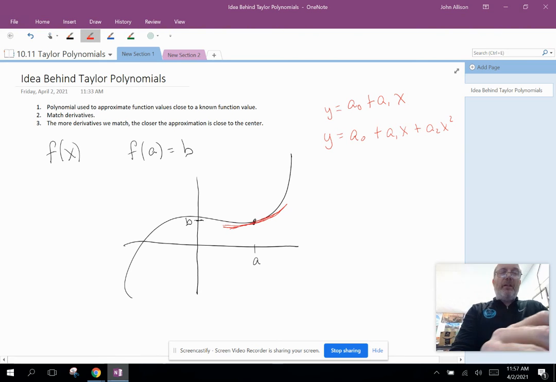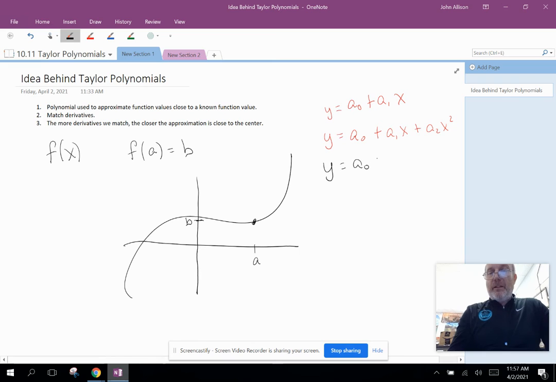So what happens when we keep carrying these derivatives out, and we make a third degree Taylor polynomial? It would look like y equals a naught, and these are not always the same a naughts. This is going to depend on the function, all the a sub i's.